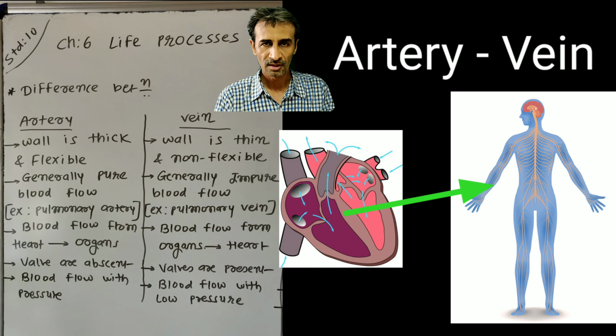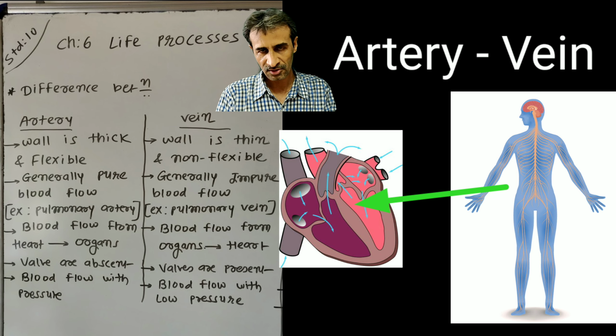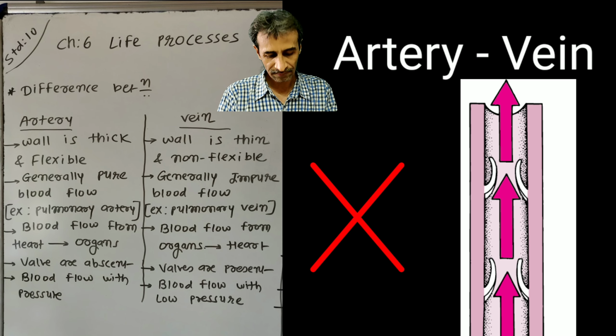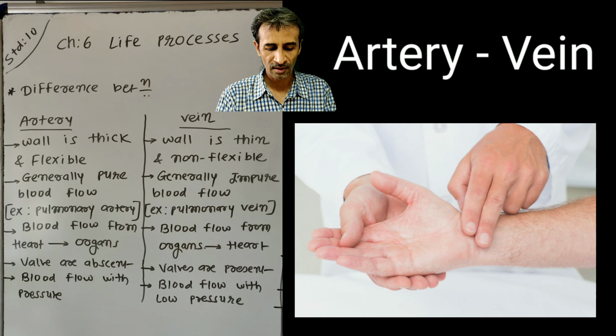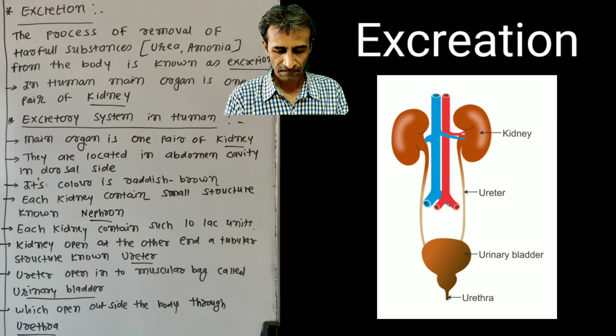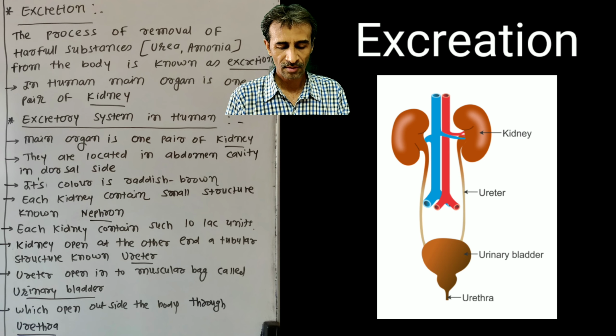In a vein, the blood flows from the organs towards the heart. In artery, the valves are absent. In a vein, the valves are present. Fifth, the blood flows with high pressure in artery, and with low pressure in vein. Now the excretion.